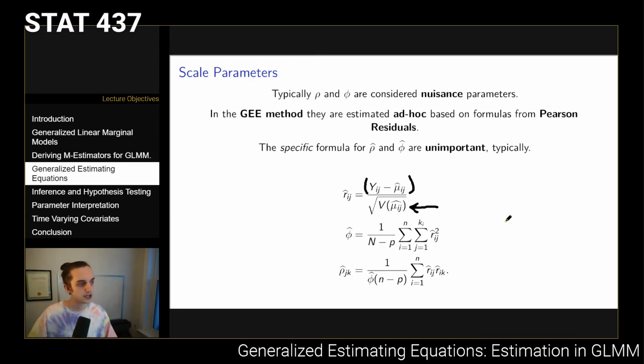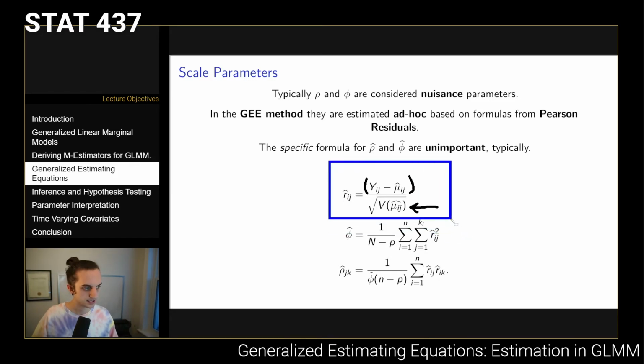This gives us essentially a scaled residual value in the same way that we would be thinking of scaled residuals for linear regression or generalized linear models. And then using these, we can plug them into formulas that are estimators for phi and rho. And so this should be a lowercase n, that's our sample size there. But the idea is that we have these estimators that are essentially formed as method of moments estimators that give us consistent estimates for our rho parameters and our scale parameter.